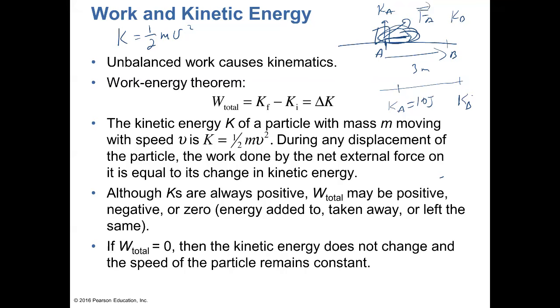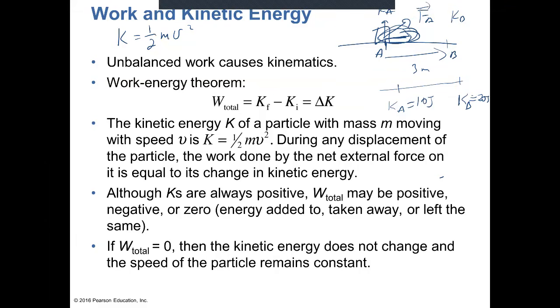So how do I know if the object is going to speed up or slow down when it goes to point B? Well, what I do, I look at the change in kinetic energy. I compare them. Think like this. If I look at kinetic energy at point B and I get 20 joules, well, 20 joules is greater than 10 joules, which means as the object goes from point A to point B, it gains kinetic energy.